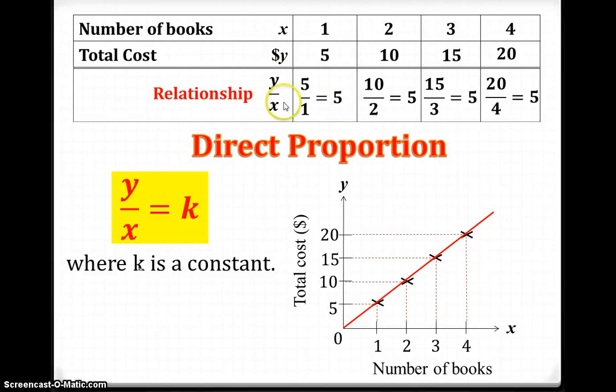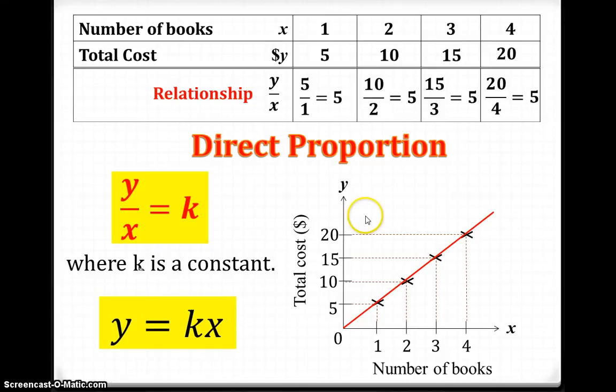So when all the y divided by x, k is equal to a constant value, we will determine that this is a direct proportion case. Another way to determine it, we use the equation y is equal to kx. This equation is derived from y divided by x equal to k.